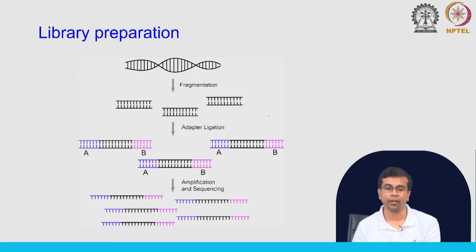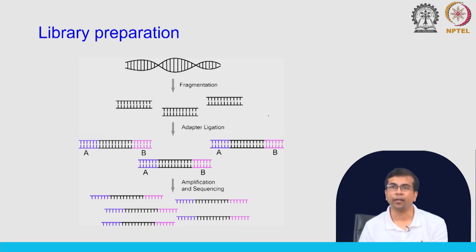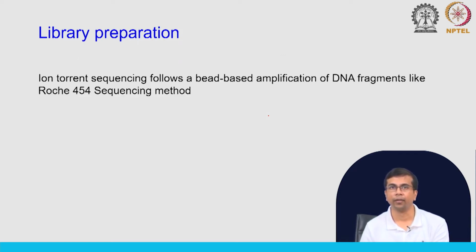We have the genome and we fragment it into small pieces, and then we add the adapters A and B. Again we amplify these fragments by some method and do the sequencing. In library preparation we follow a bead based amplification that we have seen in 454.